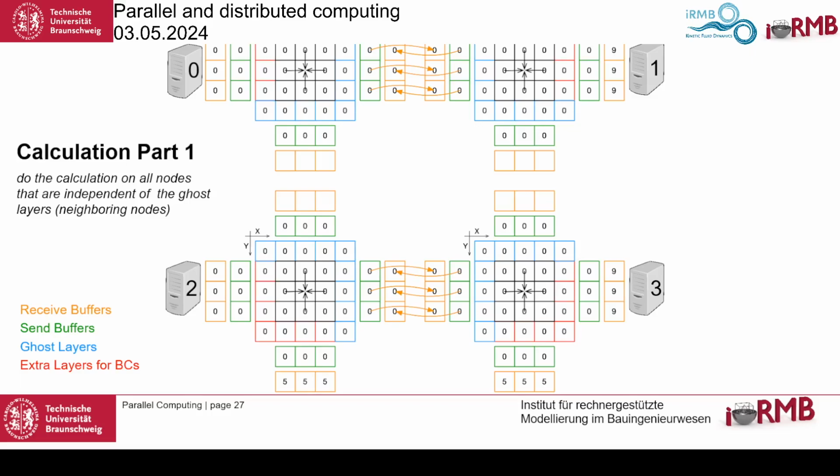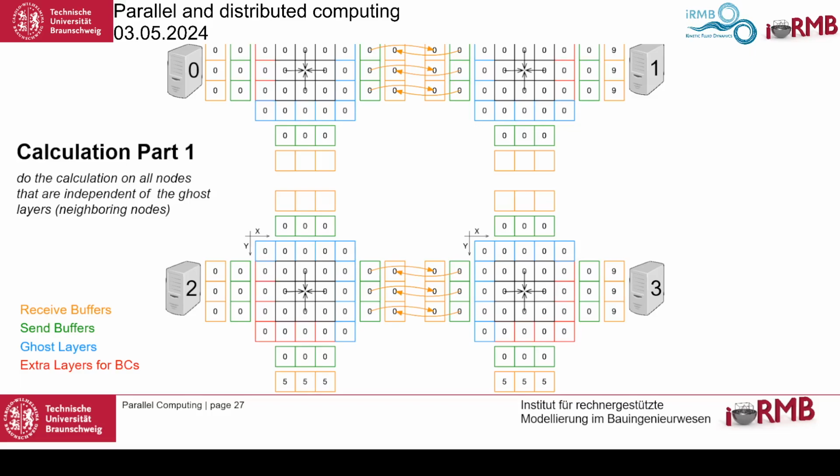Yeah? So you always have to think then there is an interface between the two, and on the interface we actually have to wait. But then there's also always an internal part that does not depend on the interface.